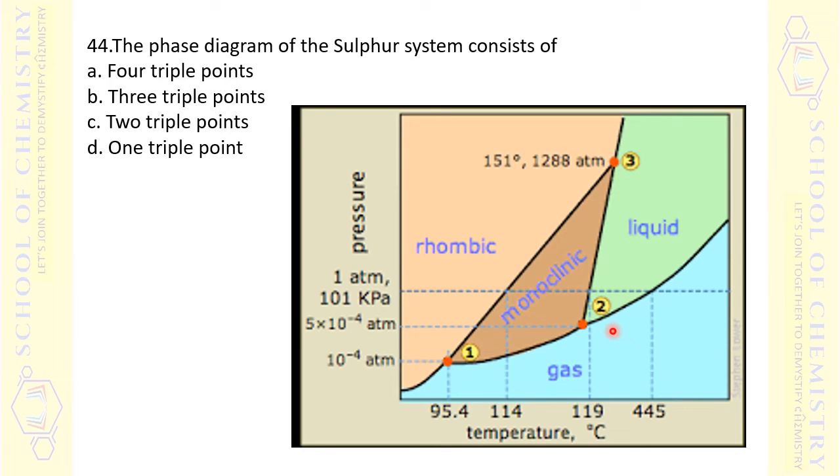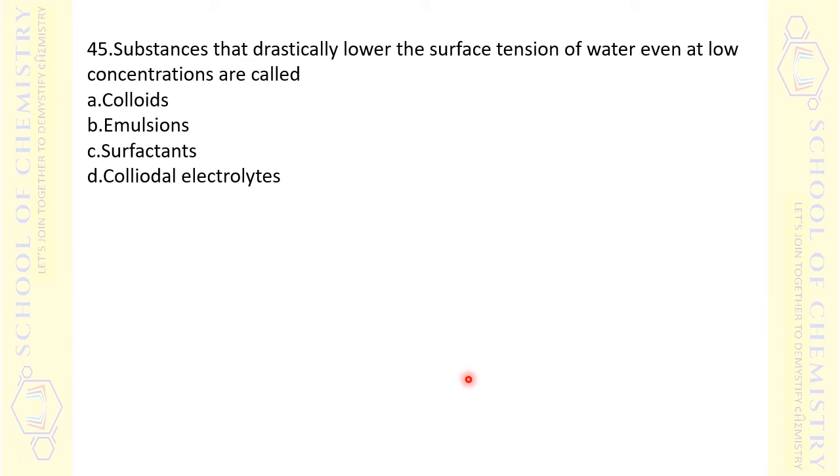So totally, 1, 2, and 3, three different triple points you can observe in this case. If you know the overall picture of the phase diagram, then only such questions can be answered. Therefore the answer is option B, 3 triple points can be observed. The triple point, as mentioned, is the temperature and pressure condition at which all three different forms of the same system can coexist simultaneously.